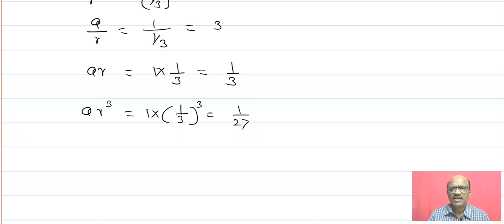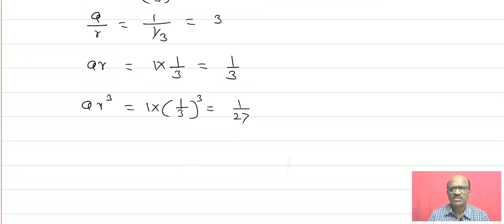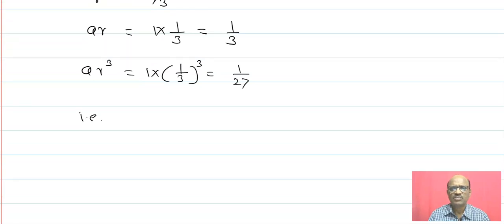And next is ar, that is 1 into 1 upon 3, that is 1 by 3. Then ar cube, that is 1 into (1 by 3) raised to 3, that is 1 upon 27. Therefore, the terms are 27, 3, 1 upon 3, 1 upon 27.